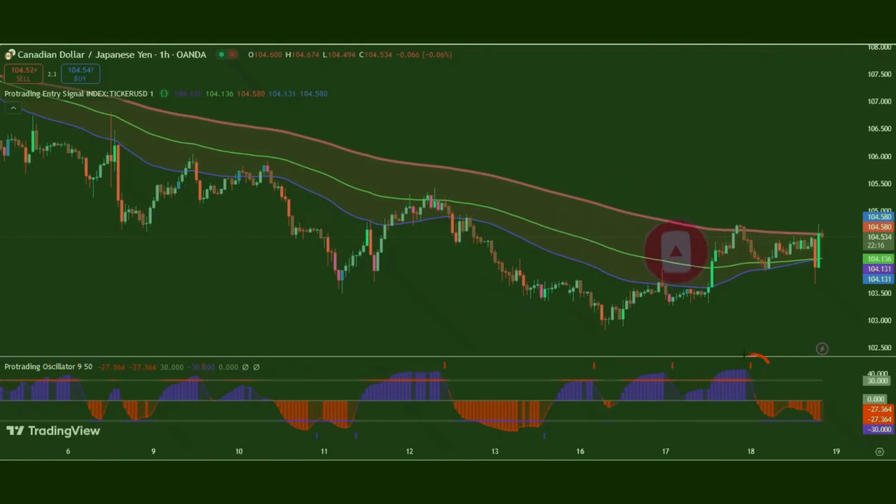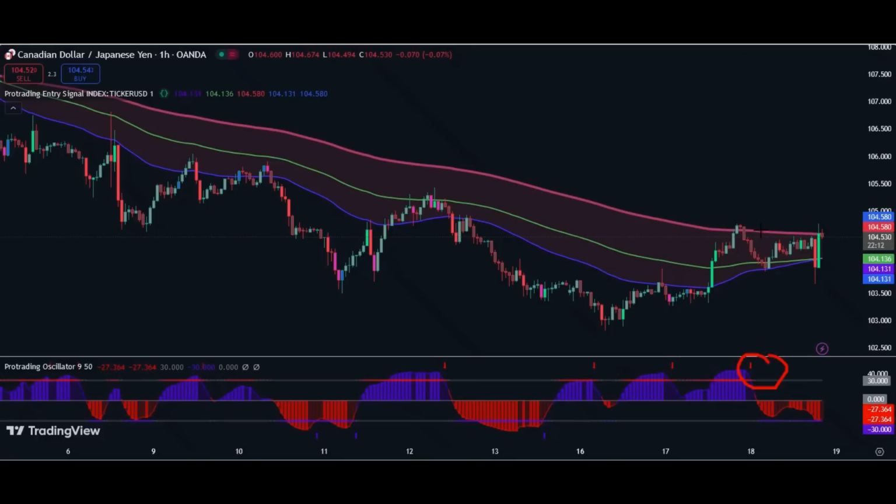From what you see here, you have a signal, but if you look, the price is trading within this zone. Once the price is within this upper zone, it means we are no longer in a safe area, because if we take any trade here, there is no logical point for us to put our stop loss.